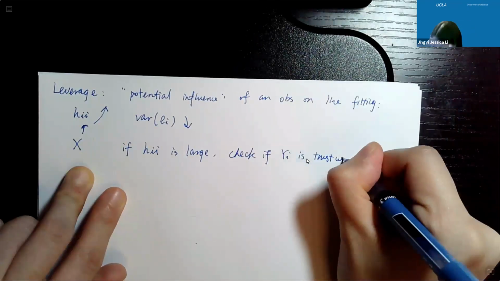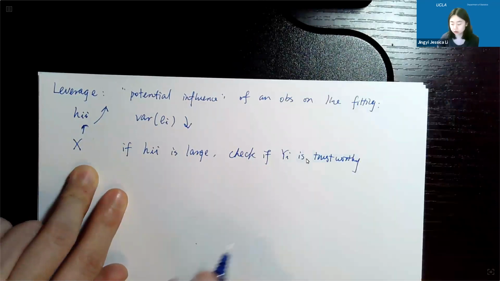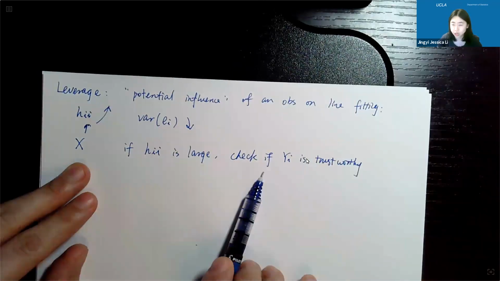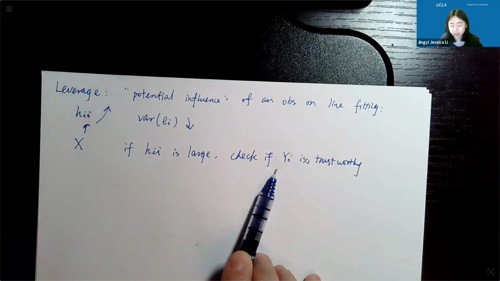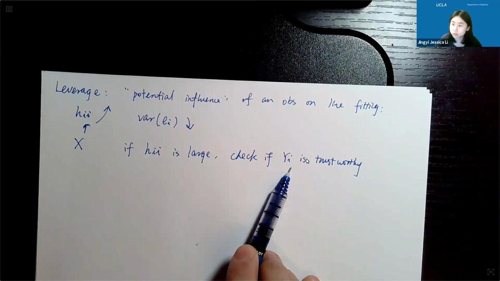This is very important because we know that if we include this data point into our regression, it will have a large potential effect on the model. So if it's accurate, then of course it's good to use it, right? It can help you fit a reasonable line.